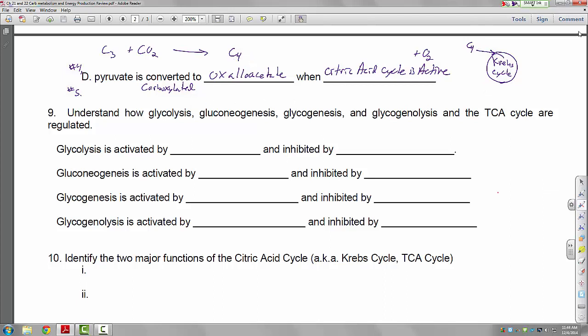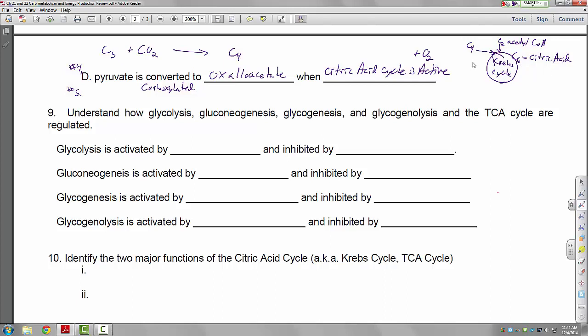So in order for the citric acid cycle to work, you have to have oxaloacetate. Where does that come from? Well, it can come from some amino acids, but it also comes from pyruvate. And then we have our 2-carbon unit. This would be acetyl-CoA. And that gives you a 6-carbon citric acid. So 4 carbons plus 2 carbons gives you the 6-carbon citric acid, hence the citric acid cycle.